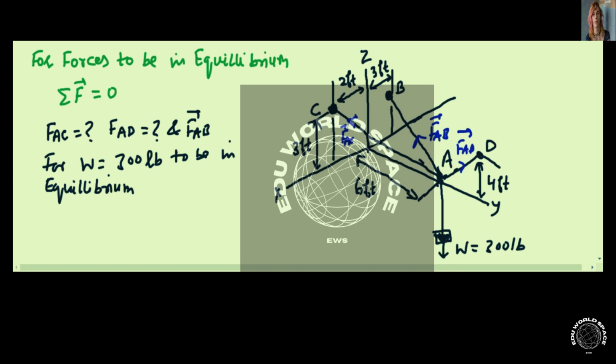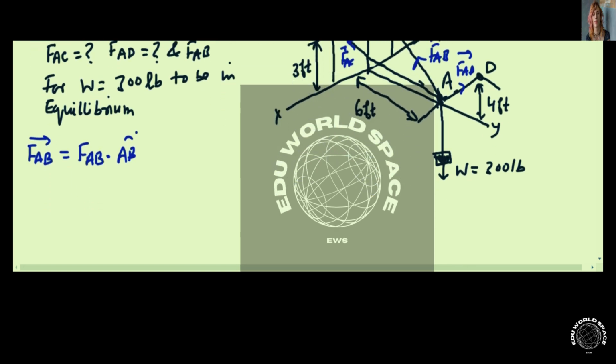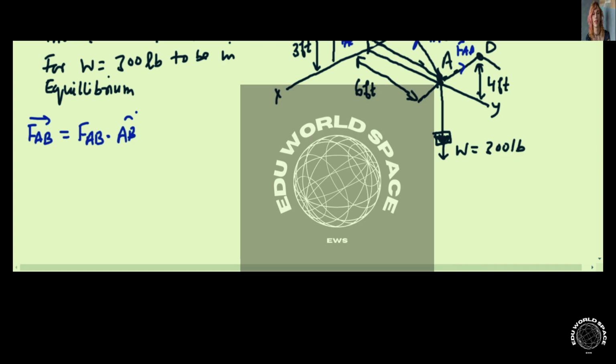So one by one we are writing here force FAB. You may write force FAB is magnitude of AB force multiplied by its unit vector. Now easily, by the concept of vector, we can form it. So FAB vector I am writing here, magnitude of FAB multiplied with unit vector. You should follow the diagram to form the AB unit vector.